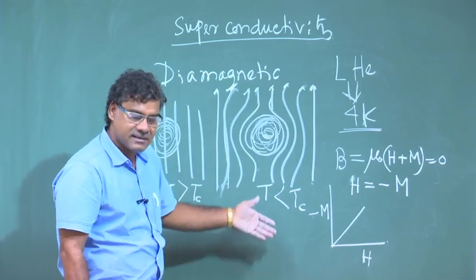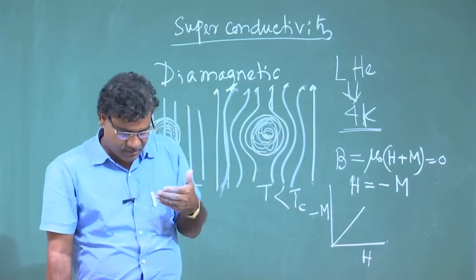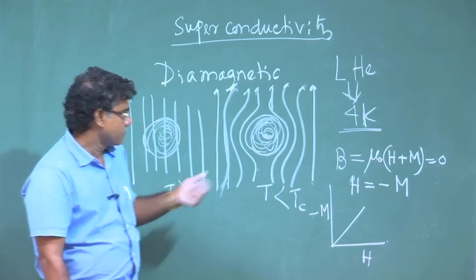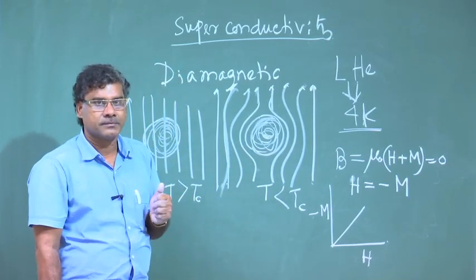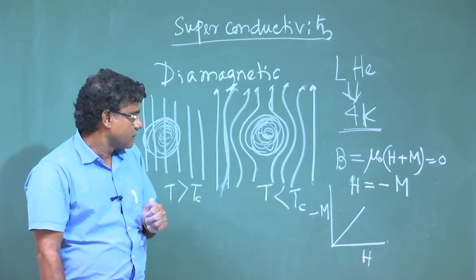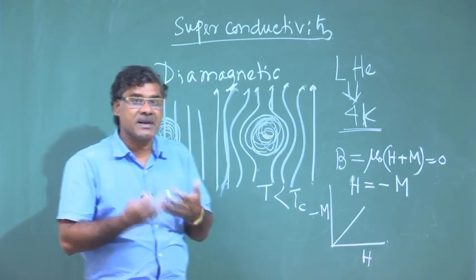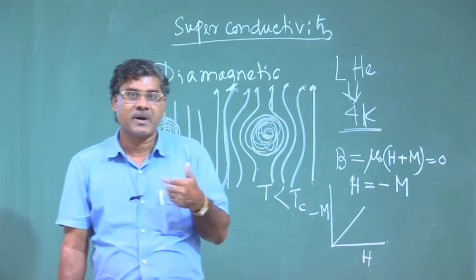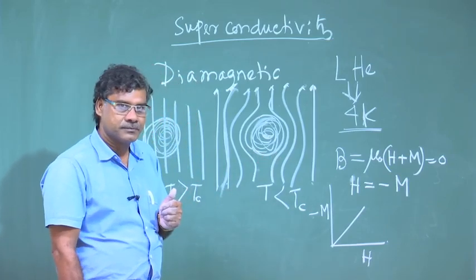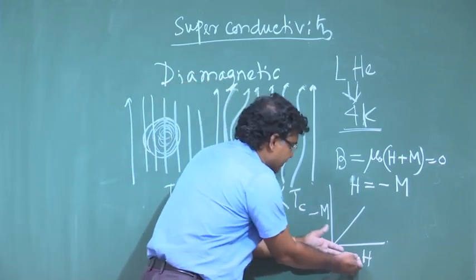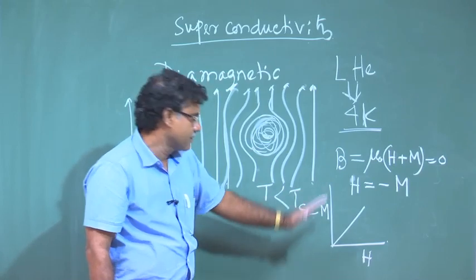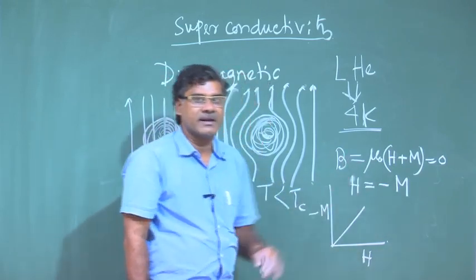But if you bring the temperature to T equal to 0 Kelvin, it is not possible to go to exactly 0 Kelvin, but close to 0 Kelvin, for definition I have to say that when the temperature is at 0 Kelvin and you are changing the magnetic field, the magnetization minus m is changing linearly, they have a linear relation.